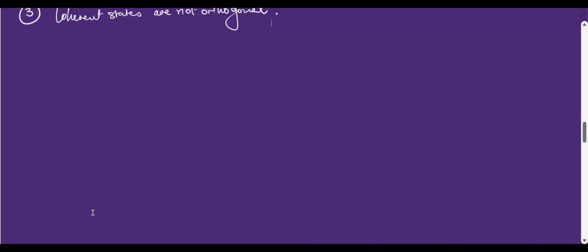Another property of coherent states is that they are not orthogonal. This is a very interesting property because usually when we talk about states, we find them always to be orthogonal, but coherent states are not orthogonal to each other.